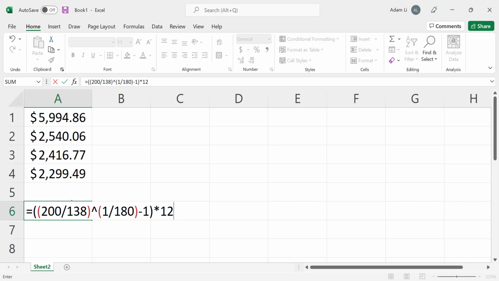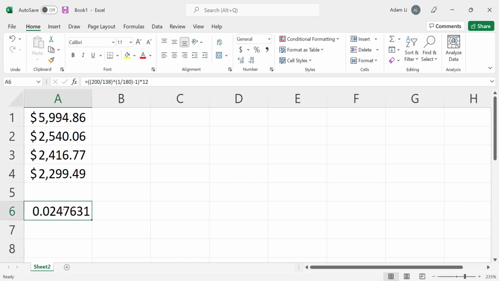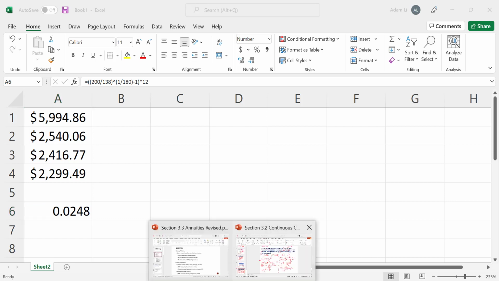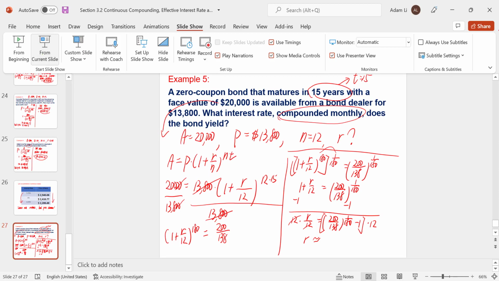This will give us a result. And again, we round to 4 decimal places. So it's 0.0248. That's the interest rate we're looking at.